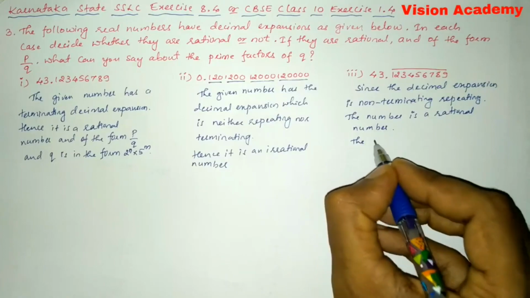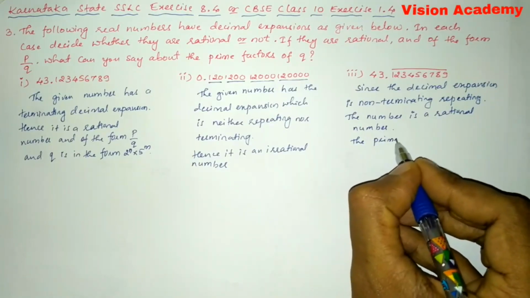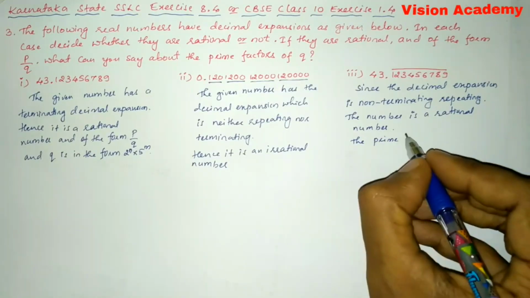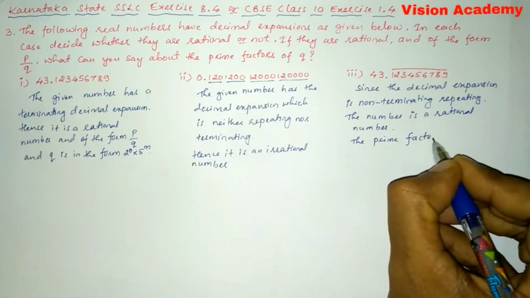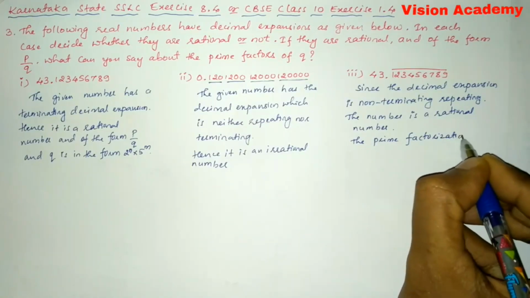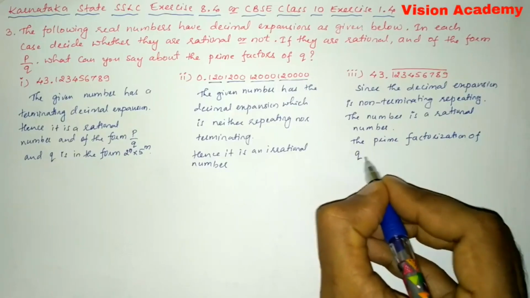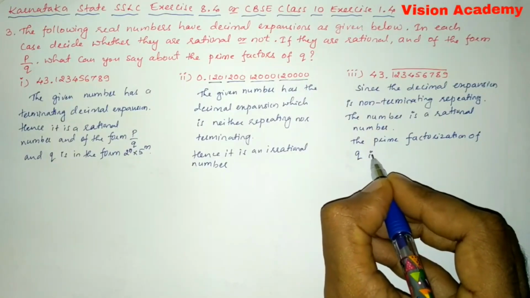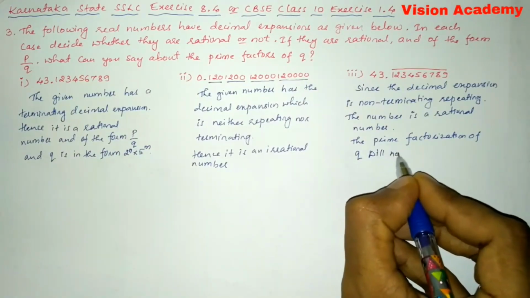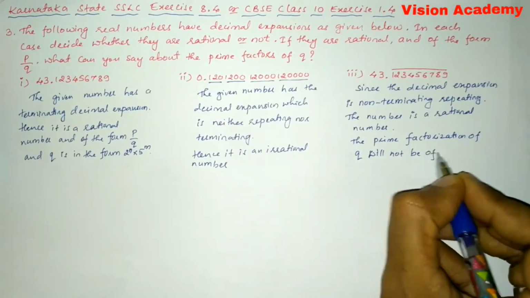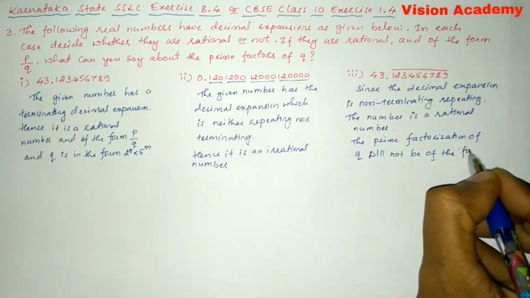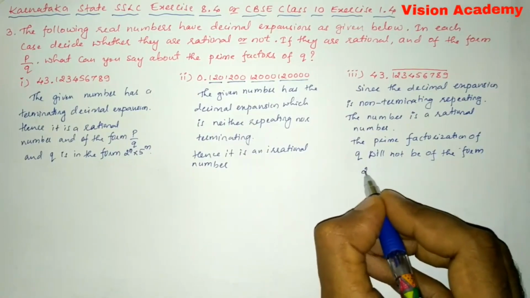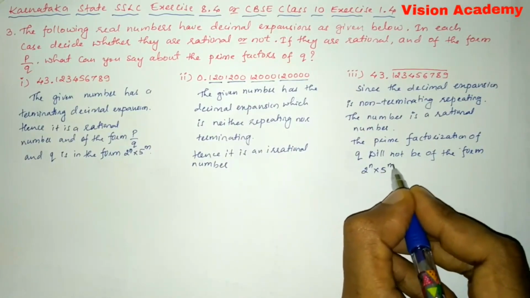The prime factorization of Q will not be of the form 2 to the power n into 5 to the power m.